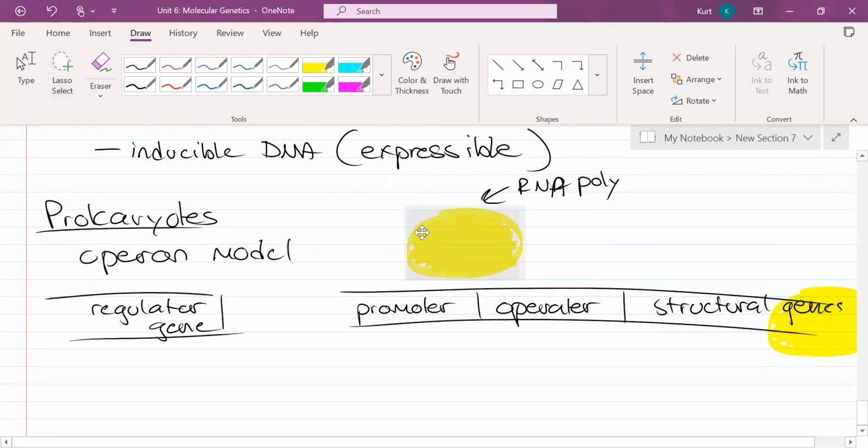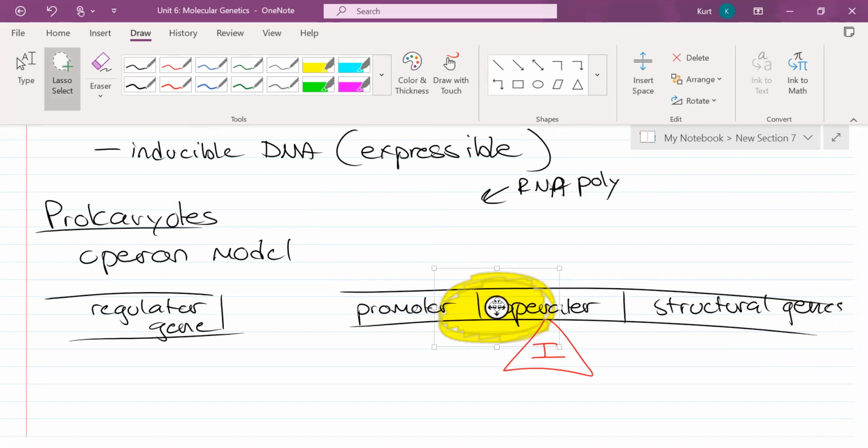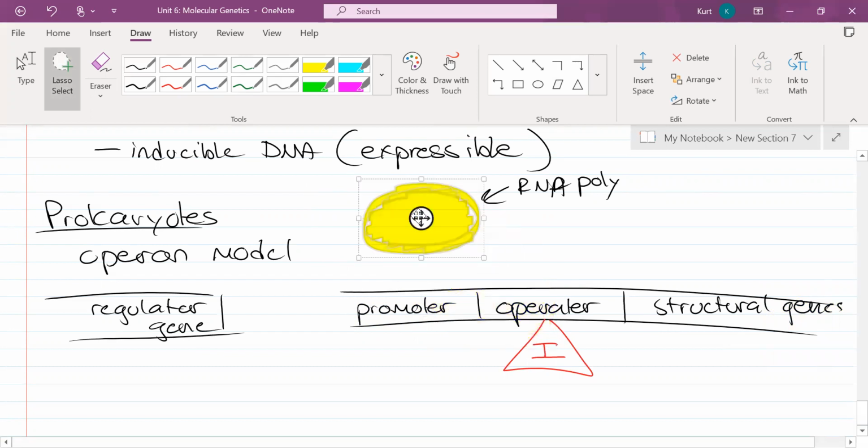But let's put my RNA polymerase back here, and I'm going to plug in an inhibitor, big I for inhibitor. When this RNA polymerase gets onto the promoter, and then it tries to go down the DNA, can it get past that inhibitor? No, it cannot. So this means that the operon is turned off. Remember that inhibitors can shut things down. Promoters want to make things happen.